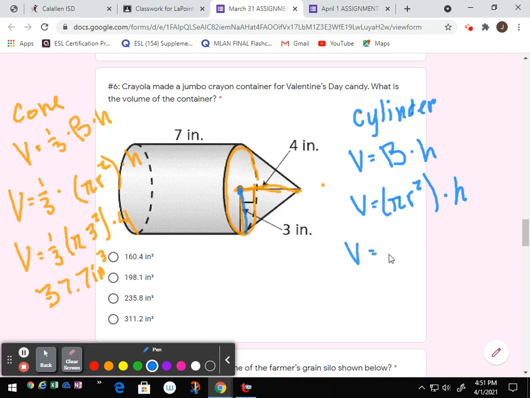So volume is equal to pi times 3 squared times the height. Now the height isn't given here because we're finding the height of the cylinder. So if we have a base over here, which is a circle of the cylinder, we have another base of the cylinder here. So we can see that they are 7 inches apart from each other. Okay, so times 7.